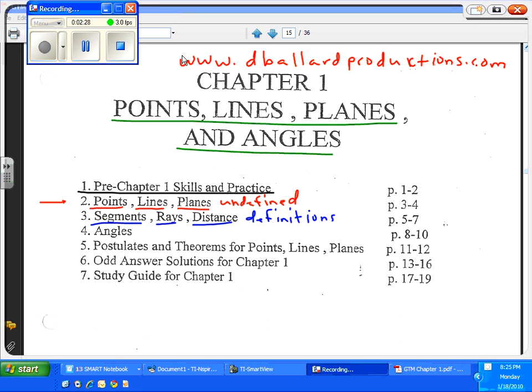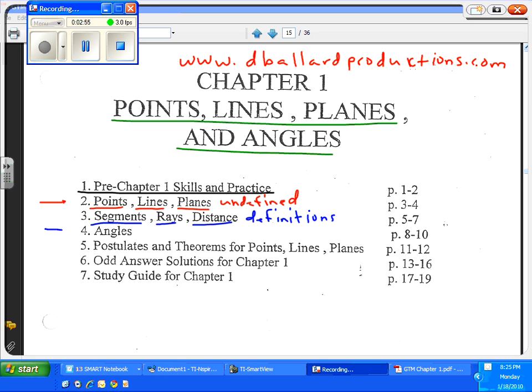As we learn definitions in this course, it will be very important that you memorize those definitions word for word and be able to visually think about what they mean and on paper draw a picture. Most of the time, a definition in geometry will be a blueprint of how to draw a particular geometrical shape or a geometrical concept.